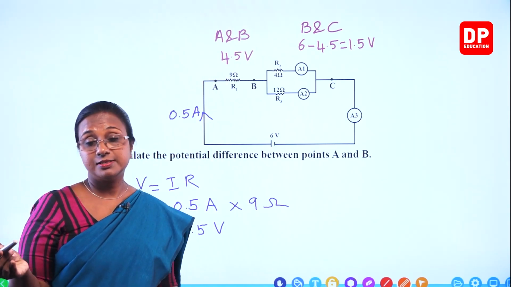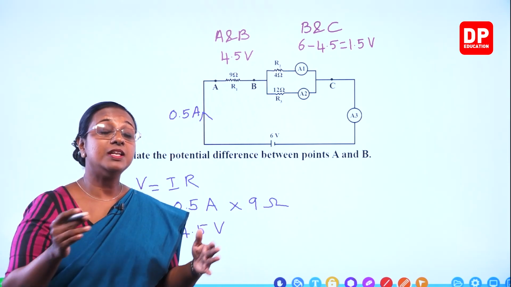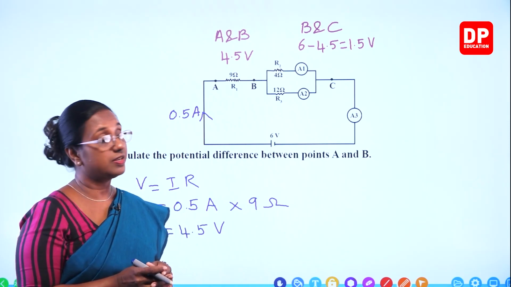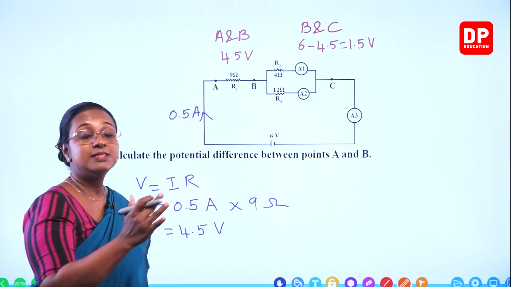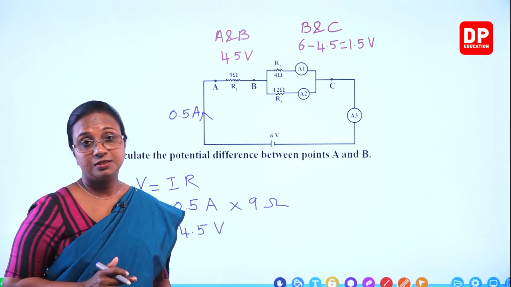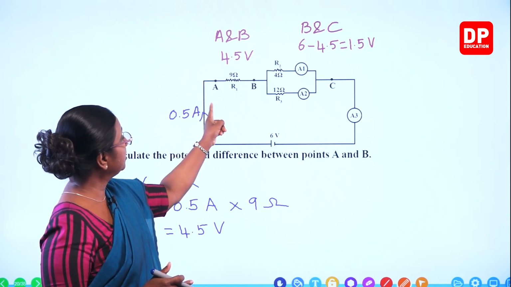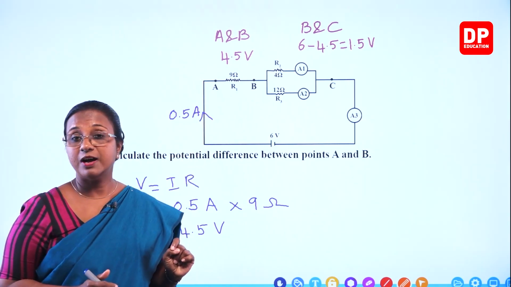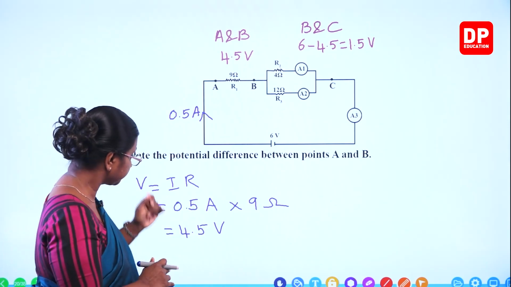According to the resistance, the potential difference will be divided if it is a series combination of resistors. Now R1 and this part are like a series combination, and the potential difference between A and B is 4.5 volts. I am sure you all can understand that.